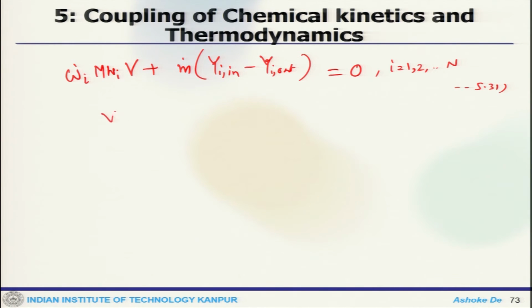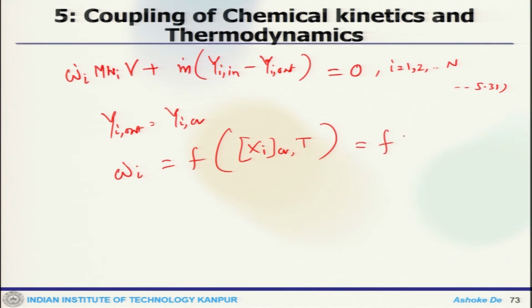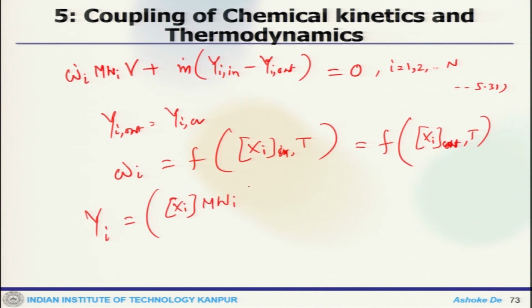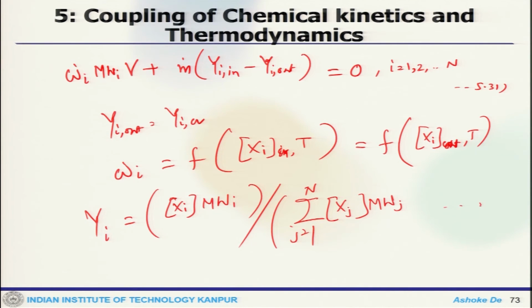So, further y I out is y I of the control volume, and species production rate omega dot I is a function of, this is at the constant volume and temperature, which is also a function of constant volume, out, and this is in and that is out, where from y I one can get x I molecular weight I divided by summation of j 1 to n x j molecular weight j. So, this is what one can get out.